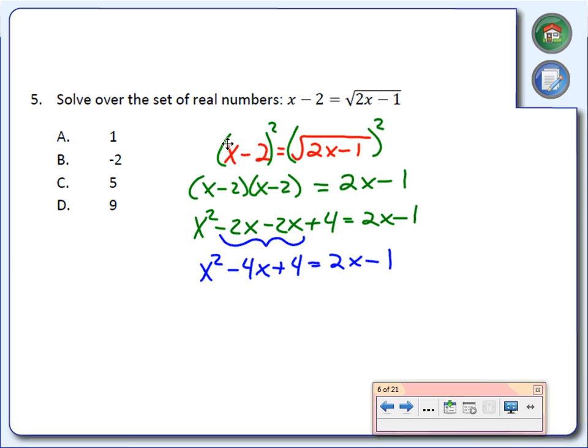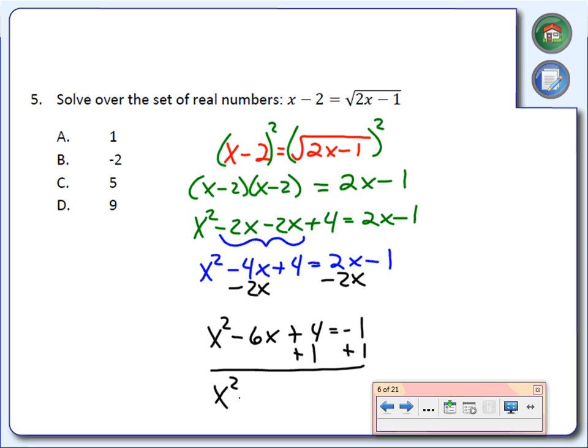But before I graph it, it's got to be equal to what? 0. So I'm going to go ahead and subtract 2x. Alright, so I've got x squared minus 6x plus 4 equals negative 1. Still trying to get it equal to 0, so now I'm going to add the 1 to the 4. So now I've got x squared minus 6x plus 5 equals 0.